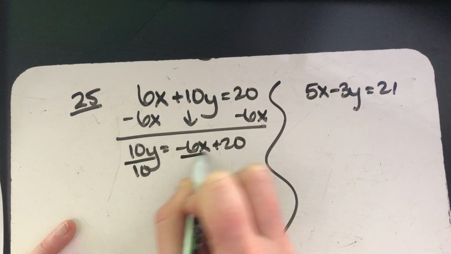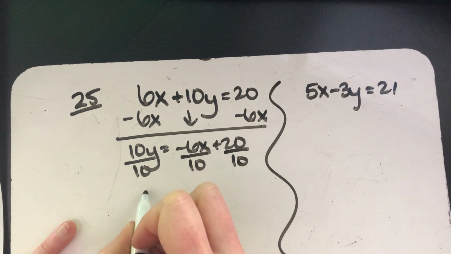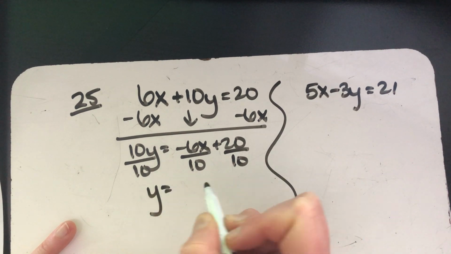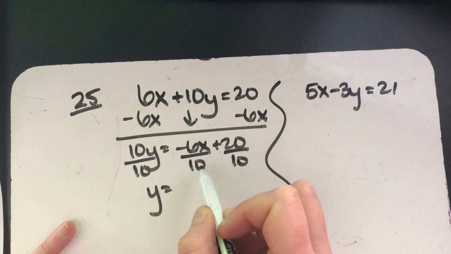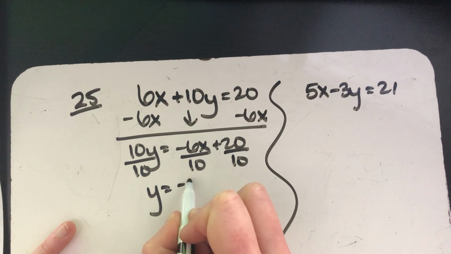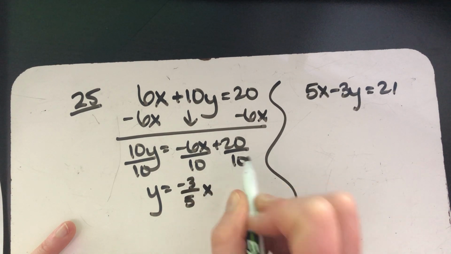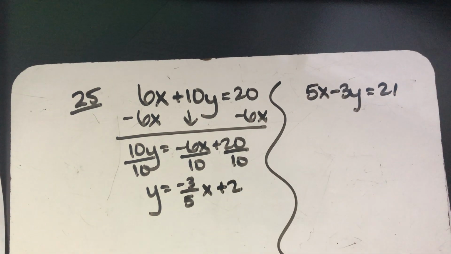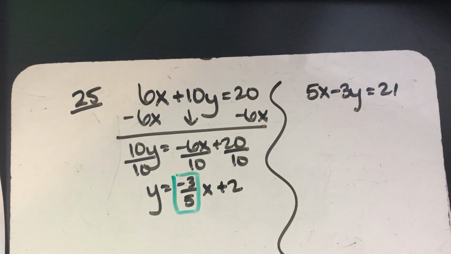Then I divide everything by 10, so it's balanced, and 10 divided by 10 is 1y. I get y equals, if I simplify negative 6 over 10, negative 3/5 x. 20 divided by 10 is 2. So now I quickly see that my slope is negative 3/5.